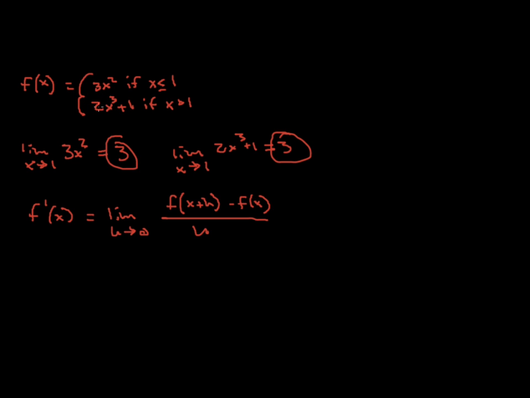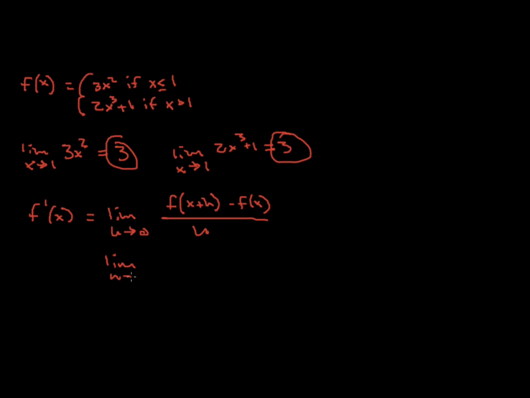The top half is only applicable if x is less than or equal to 1, while the bottom half is only applicable if x is greater than 1. So since we want x equals 1, we have to use 3x squared, because that's the only function that uses x equals 1.